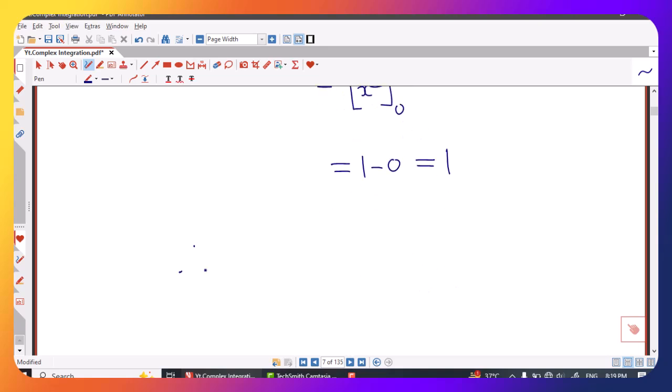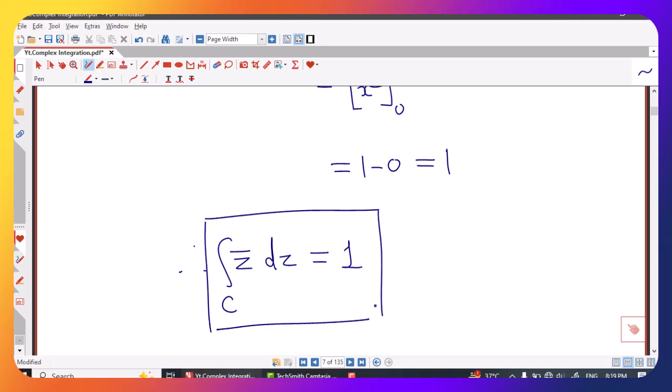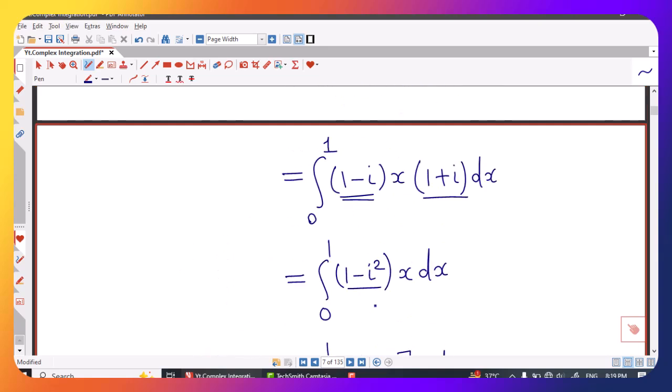So we find that the integral of z bar along the line from z equal to 0 to 1 plus i is 1. So you can see this is very easy.